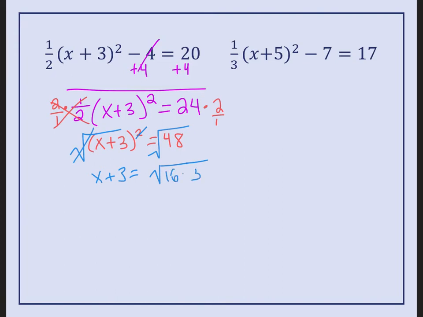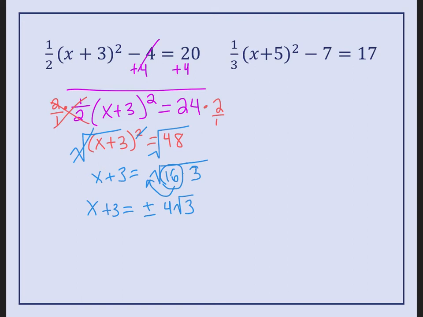Remember, if you don't see the perfect squares right away, you can do the factor tree. So I can take the square root of 16, pull it out on the outside, and put x plus 3 equals a positive and a negative 4 square roots of 3.